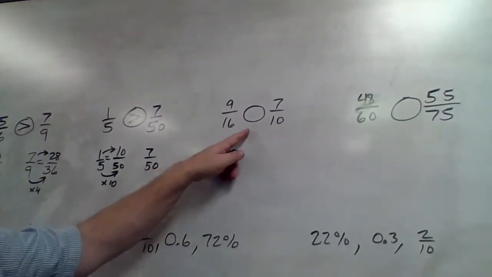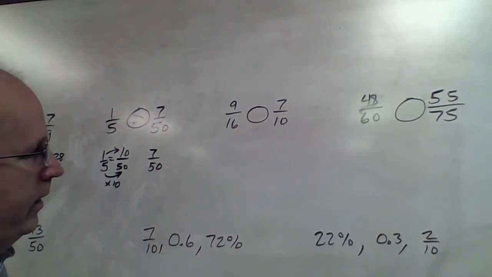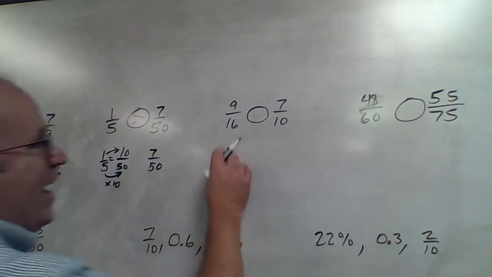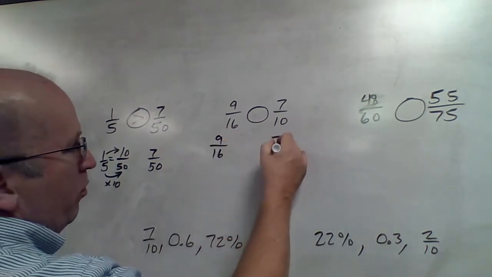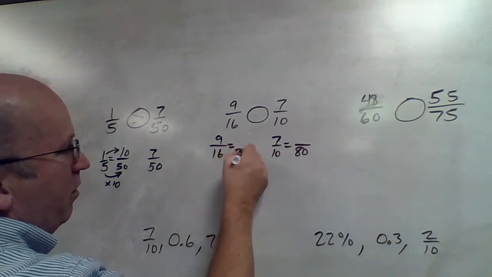Let's try this one right here. What's a common multiple for 16 and 10? It's a pretty big one. It's actually 80. So I need to change both fractions so that they have 80 as their denominator.